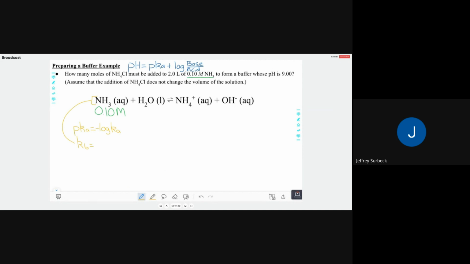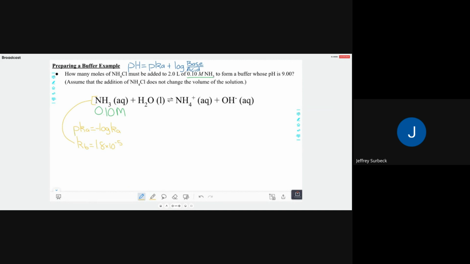On the chart, Kb is given as 1.8 times 10 to the negative fifth. I can't use this because this is not Ka, it is Kb. Does anybody remember how I could convert my Kb to Ka?